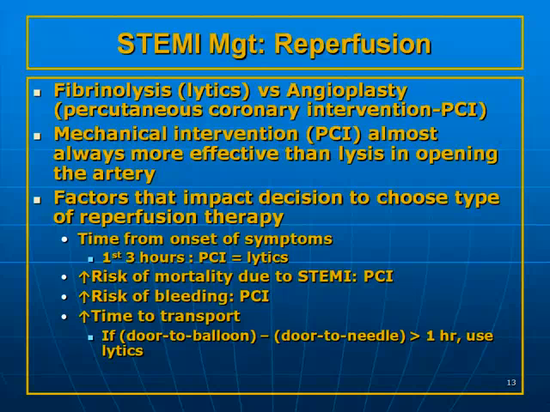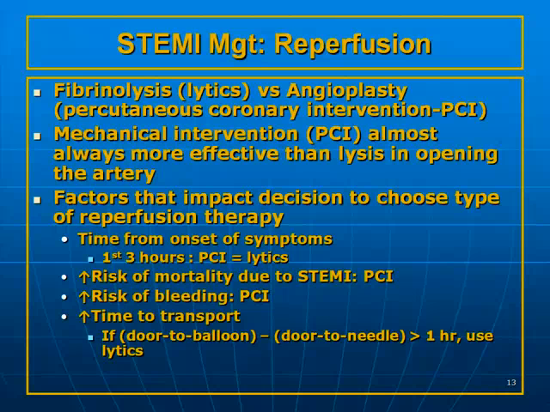And then the time to transport issue, trying to make this as simple as possible. We have a couple of concepts that we talk about: door to balloon, and then door to needle. Door to balloon, and when you say door, the original thought process was the door to the hospital. So door to balloon, if you're talking about the emergency department to the time that they can start PCI, the balloon being the angioplasty balloon, that should be 90 minutes in hospital.